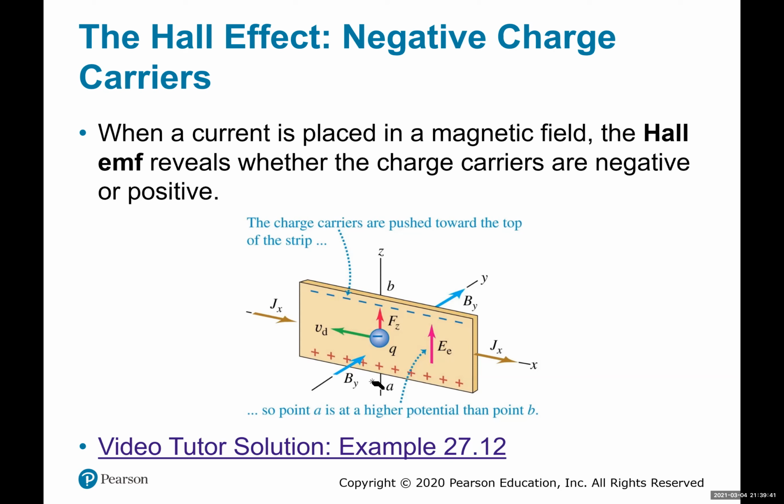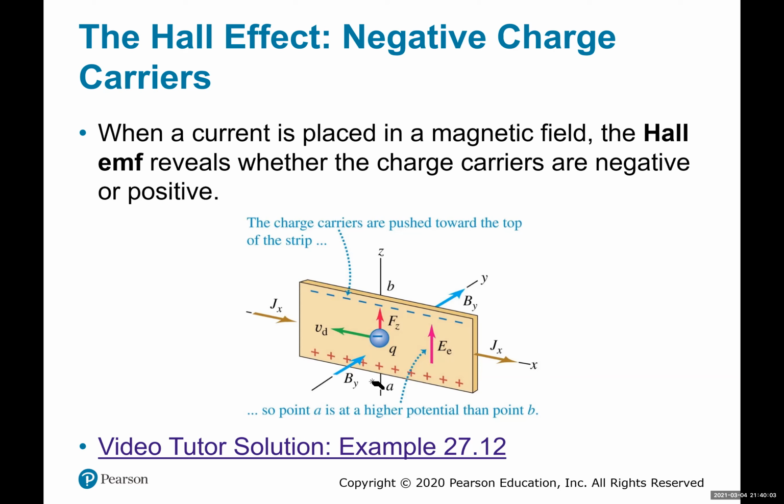So the fact that there are positive charges present in the atomic molecular lattice of this conductor is not important. It's the negative charges that are in motion. And we can recognize that because the top surface is negative relative to the bottom.